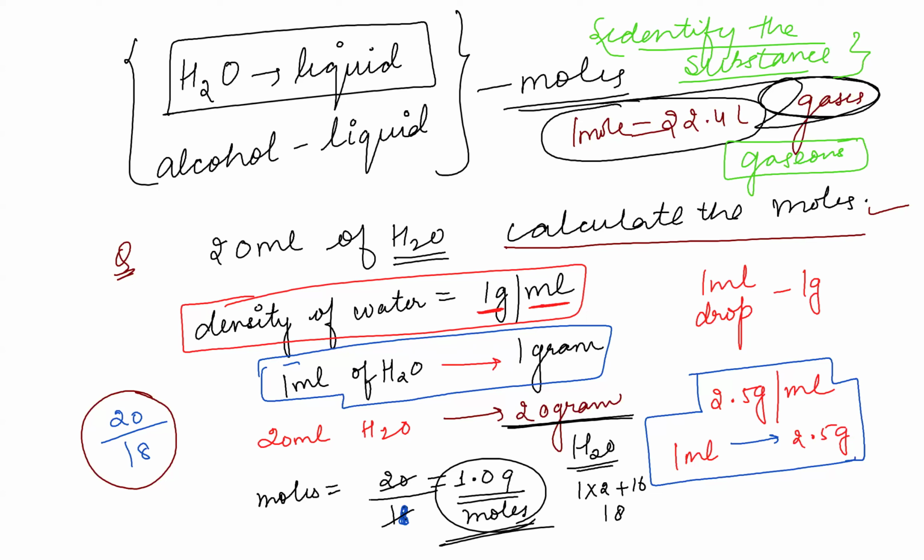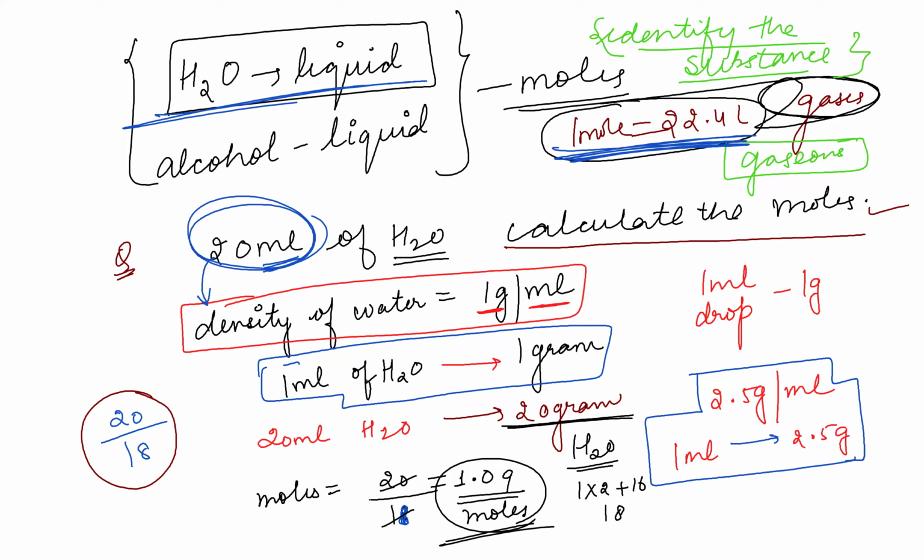If the substance is gaseous, then what will you do? Then you will apply 22.4 liters is 1 mole. If the substance is a liquid and the volume in liters or milliliters is given to you, then you apply the density formula.